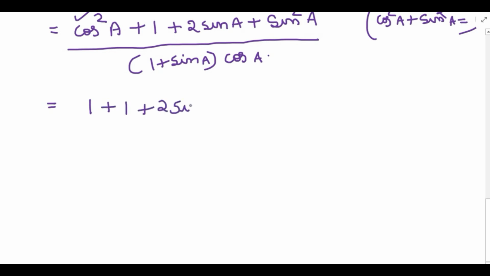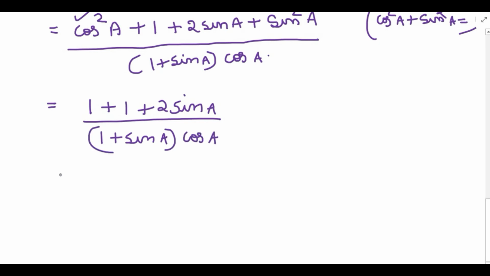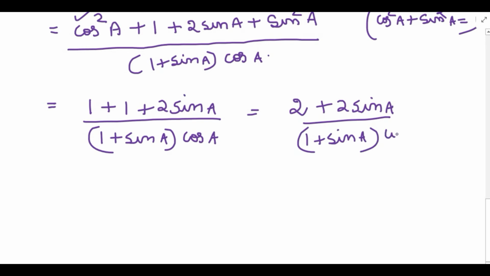The remaining terms in the numerator I am going to write as such, divided by 1 plus sin A into cos A. Now we know that 1 plus 1 is 2. 2 plus 2 sin A divided by 1 plus sin A into cos A. Now this 2 is common.